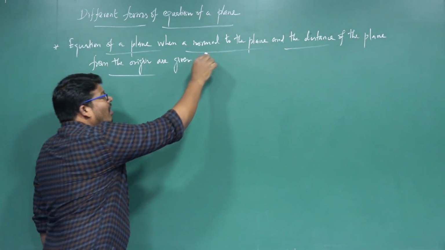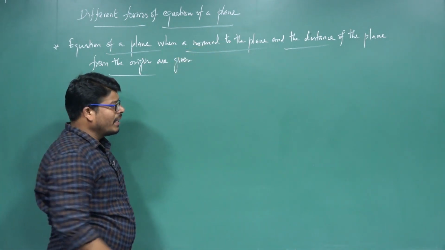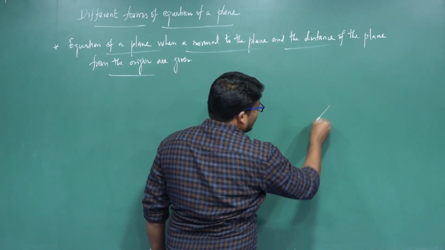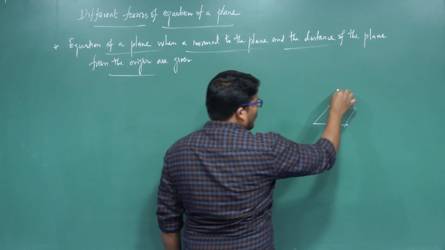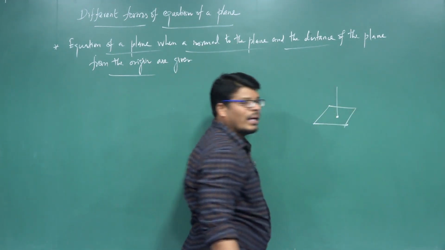What is given? A normal. What is a normal? A normal is a straight line perpendicular to the plane.